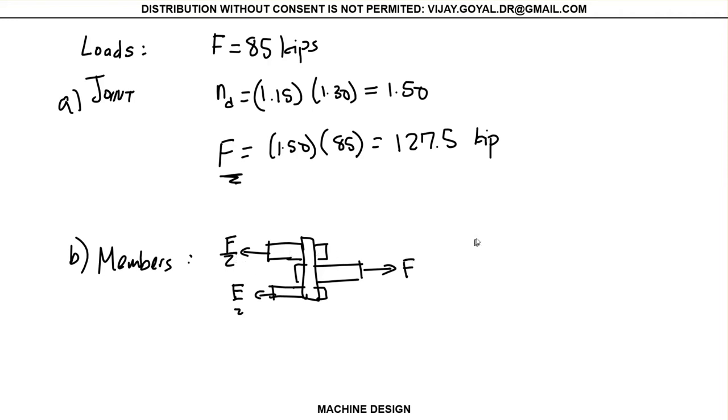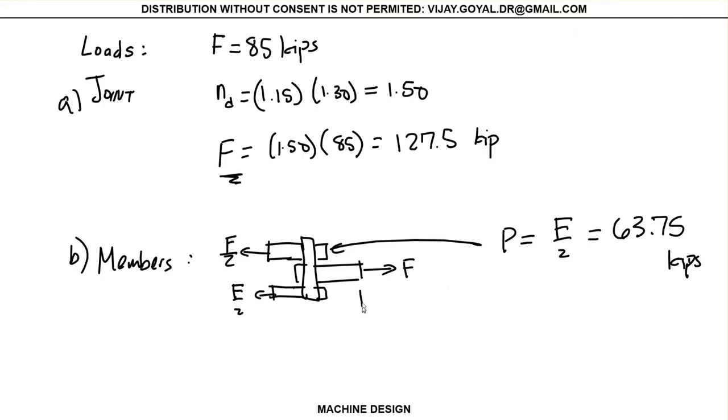Therefore, the load in each one of these plates is going to be P equal to F over 2, which gives you a value of 63.75 kips. The loaded plate, this plate right here, is 127.5 kips.